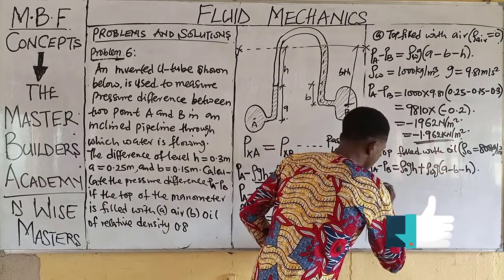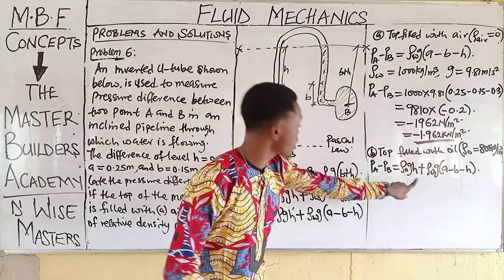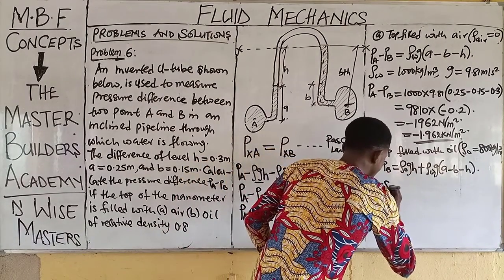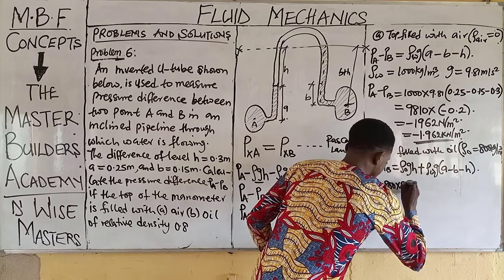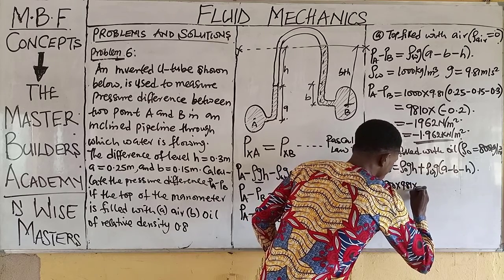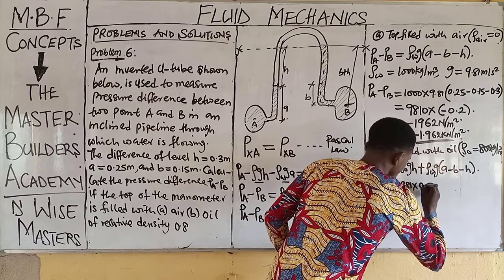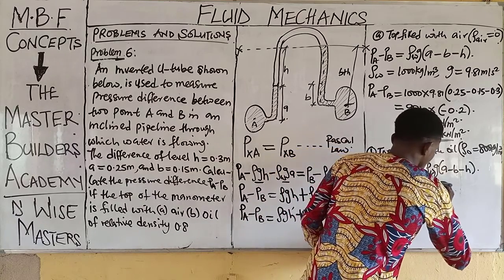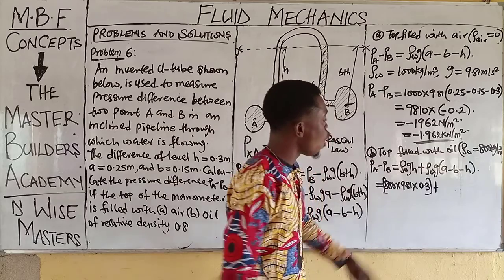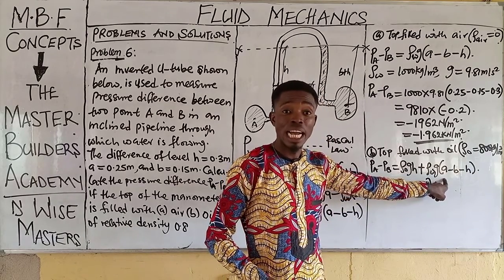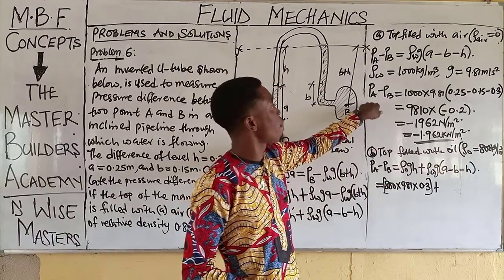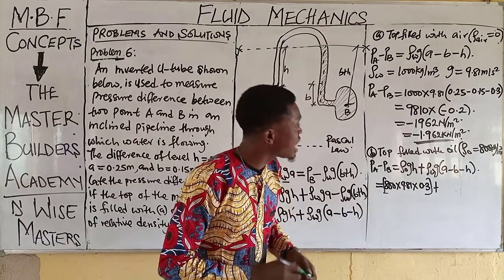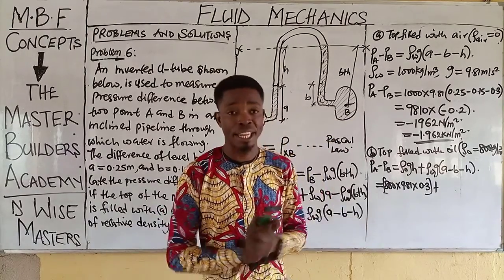Now, guys, we can now substitute for density of oil and acceleration due to gravity. Now, the density of oil is 800 times 9.81 multiply by what? H, 0.3. Then plus that of water. And we know that from question number 1 or A, what we obtained was actually the pressure of water only.